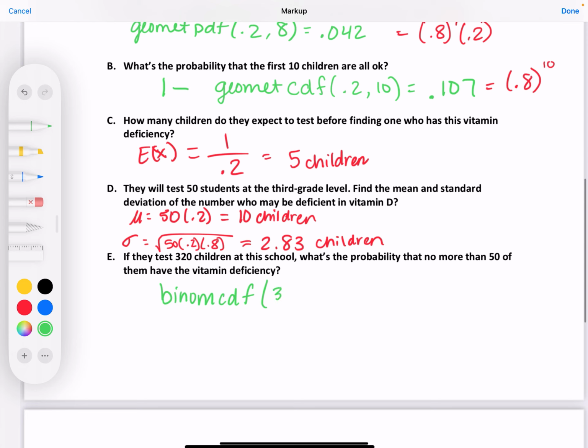So it would be 320, 0.2, and then 50. Whoops, I hit clear. And that gives us 0.0269 and so on. So that gives us a 2.7% chance, basically, that no more than 50 have the deficiency.